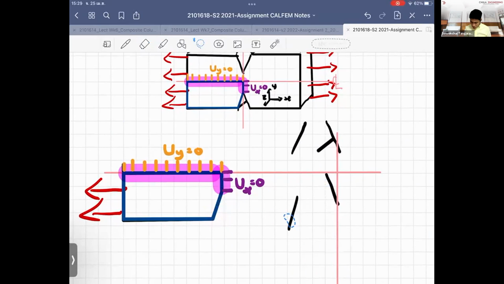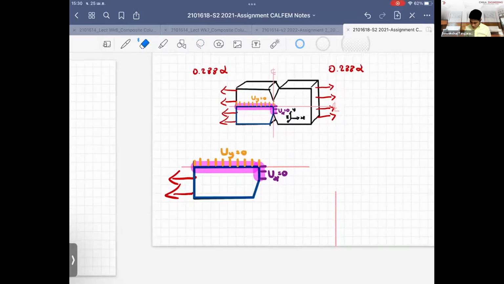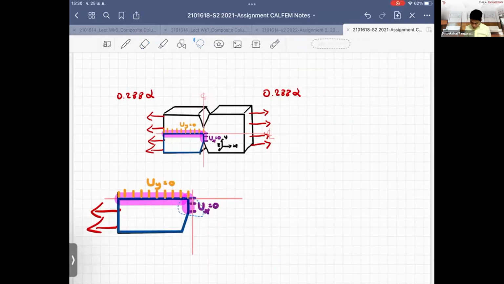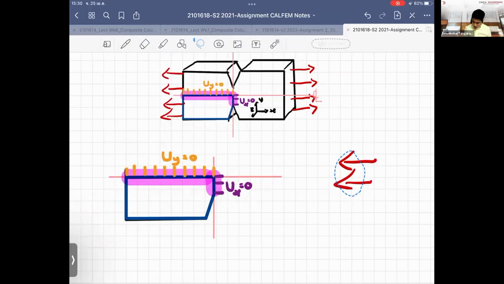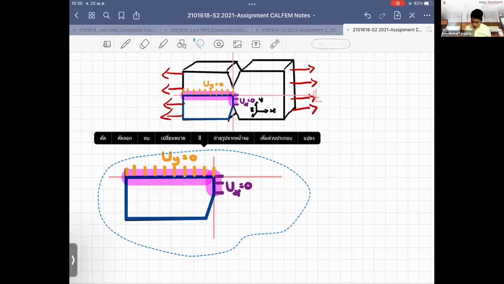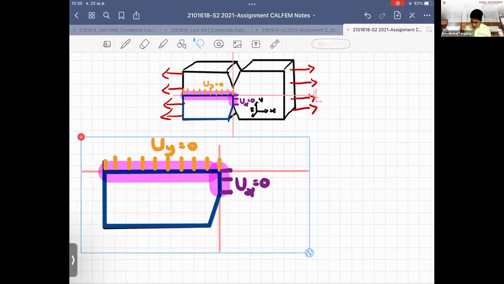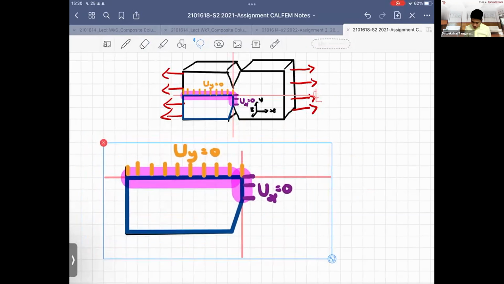We don't need this actually. Now we want to do the structure model of this one here, only a quarter. Let me enlarge this figure a bit more.